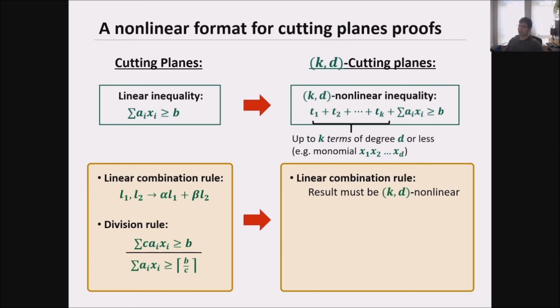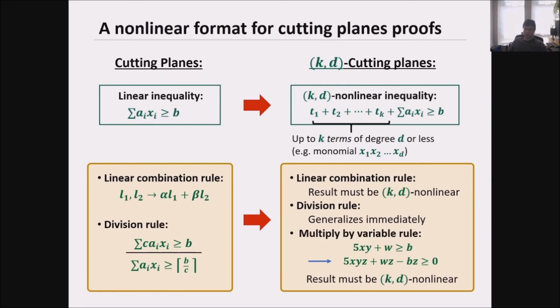So we can't have too many nonlinear terms accumulating on each line. The division rule also generalizes essentially immediately. There are no extra restrictions here. And lastly, we also include a multiply by a variable rule. If we're given an inequality, we're allowed to multiply through by a variable as long as the result is KD nonlinear.